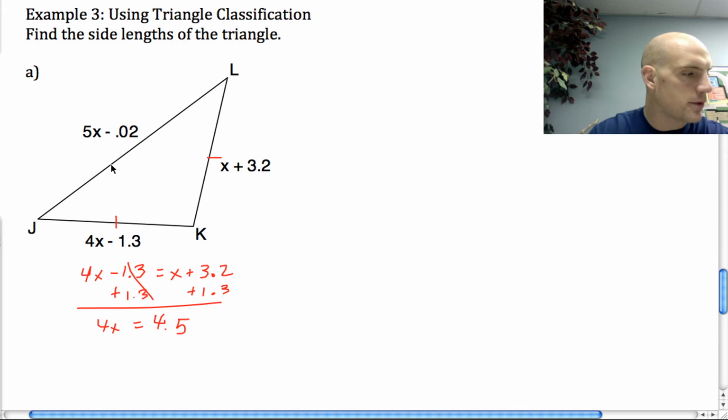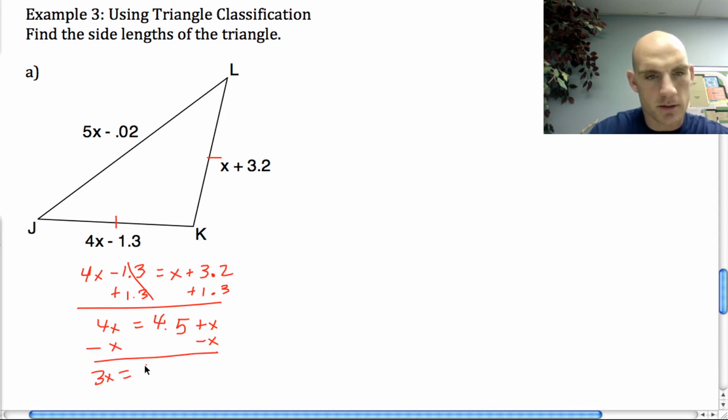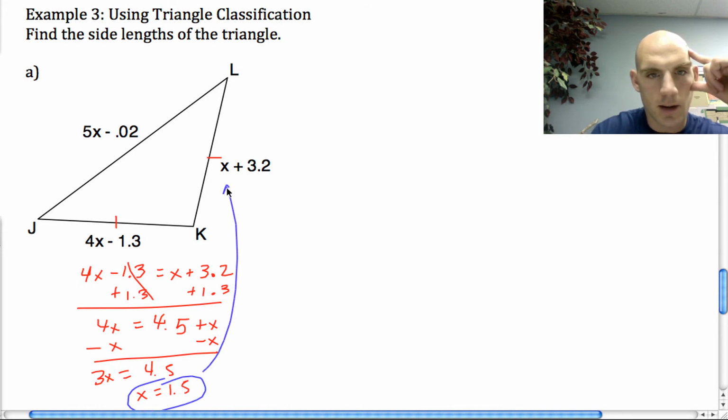And then what I'm going to do is I'm going to subtract x from both sides. So 3x is equal to 4.5. So x must equal 1.5. Now, to find the side lengths, here's what I'm going to do. I'm going to take that 1.5 here, and I'm going to put it in.